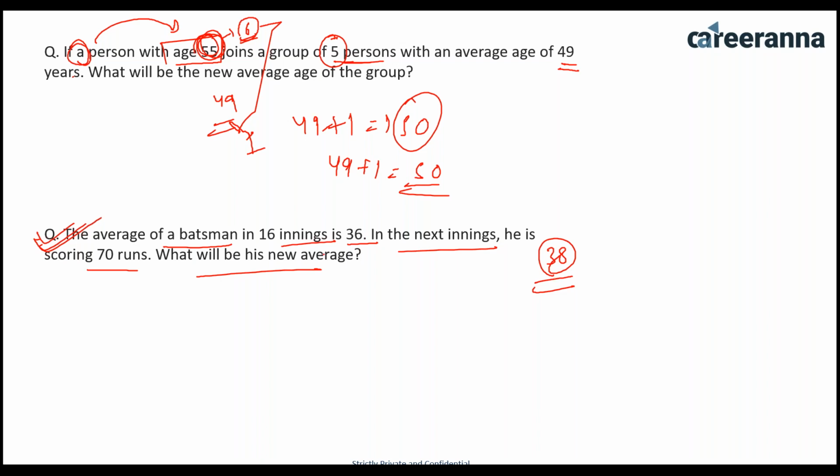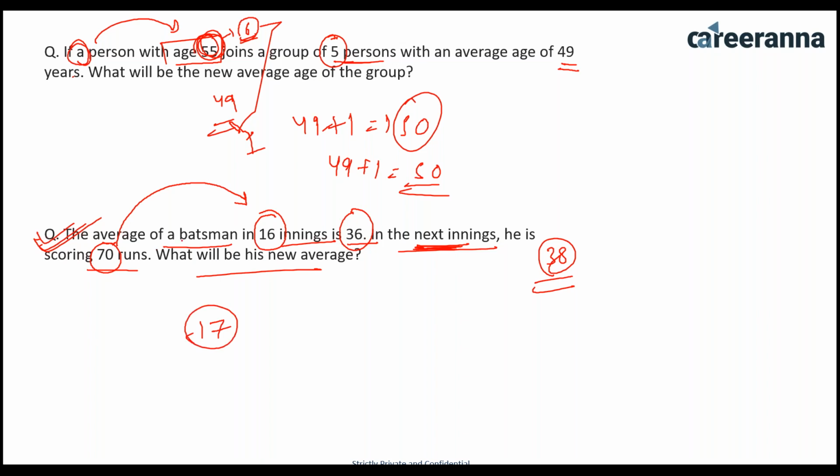Okay, guys, I told you a trick. There are 16 innings, and 36 is the previous average, right? So I have 70, and I have to distribute this 70 in these 17 innings. 16 this, and the 17th inning is this one. Total 17 innings are there, right?